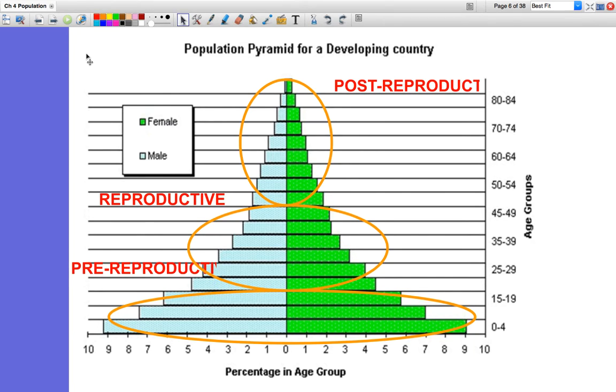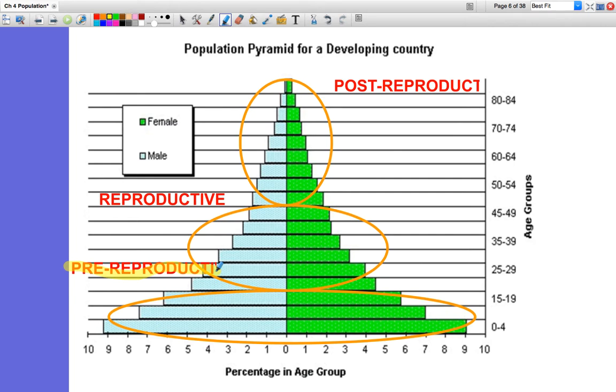Here we have a population pyramid for a developing country, and this is a pretty ideal population distribution. Down here at the bottom of our pyramid, we have our pre-reproductive population.